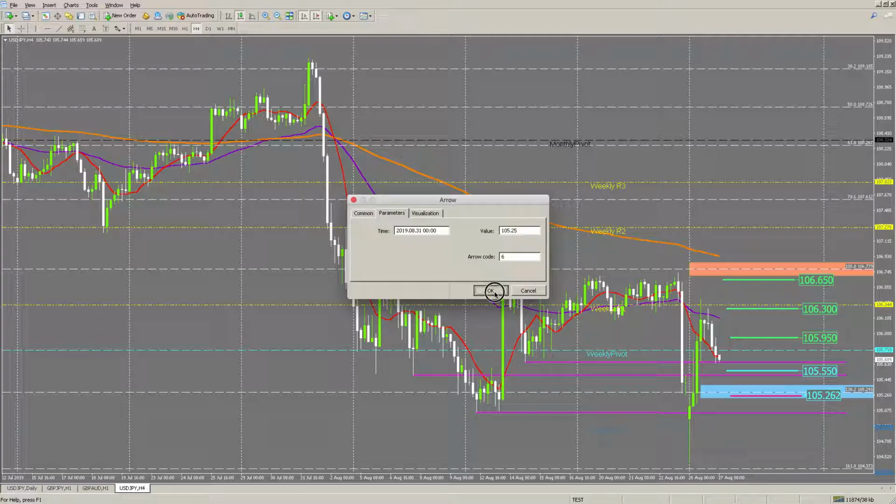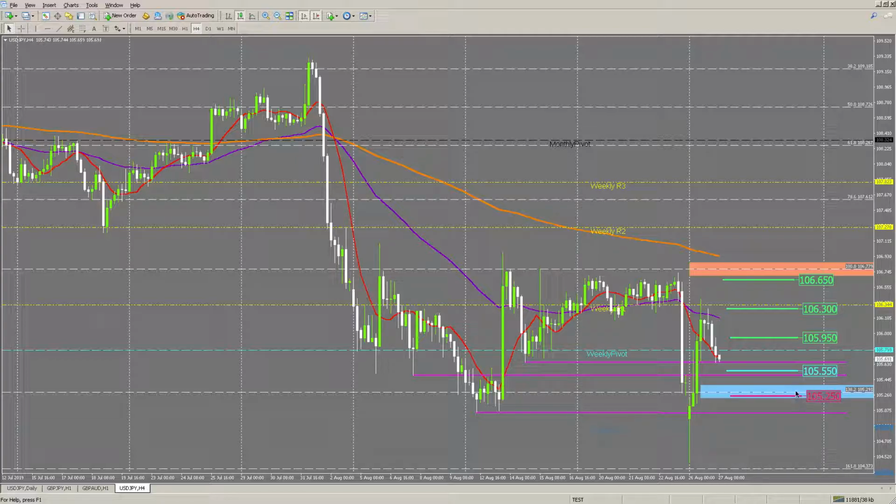At 105.25, so that's 30 pips to target 40 initially, and then 75, and eventually 110. So at least 1 to 1 and 1 to 2.5 and beyond. Okay, let's see how this trade goes, and we'll follow up in the next video.